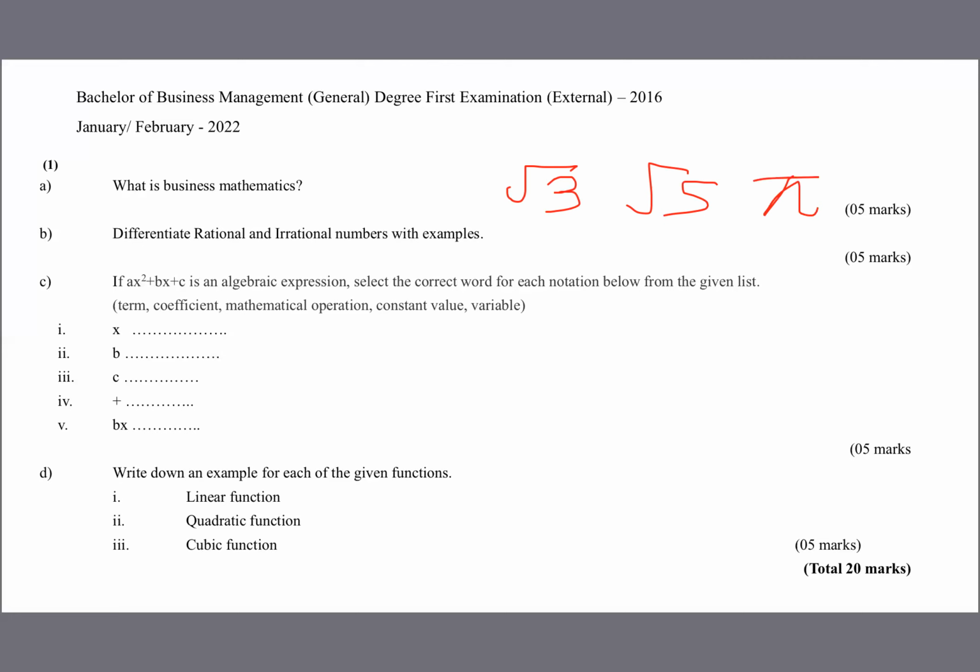That means 22 divided by 7 is not correct, that is not the exact value. We can't write it as a fraction, because when we divide it, the value is a decimal that is not recurring or terminating. Therefore, it is also irrational.